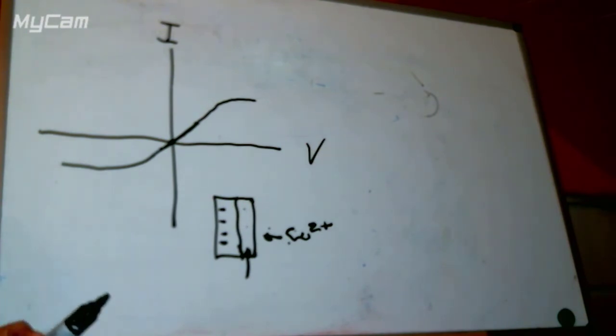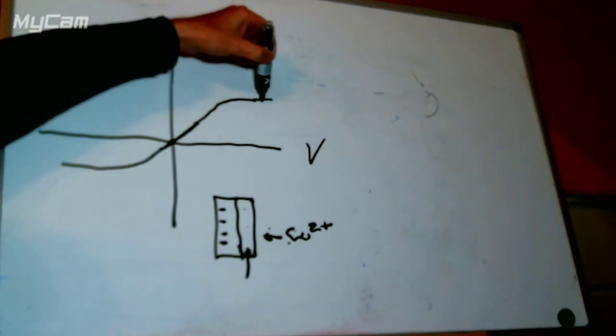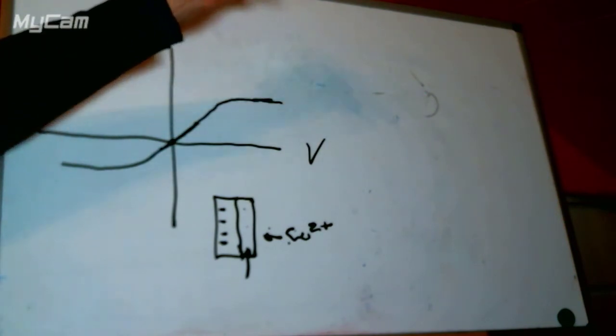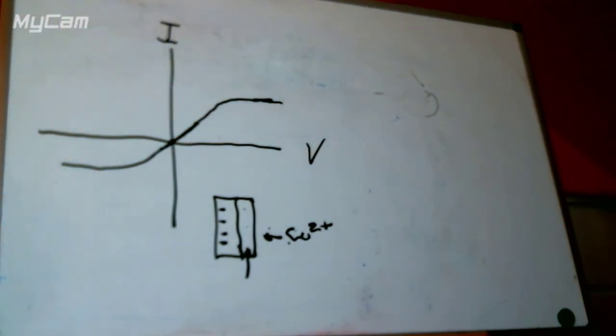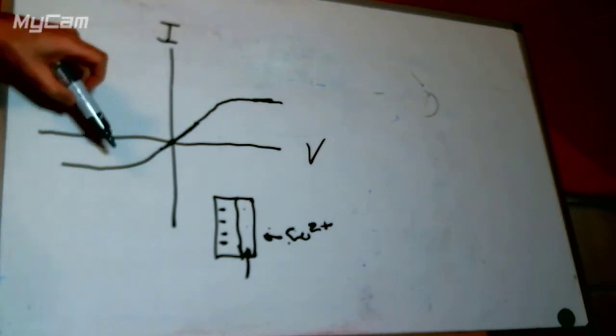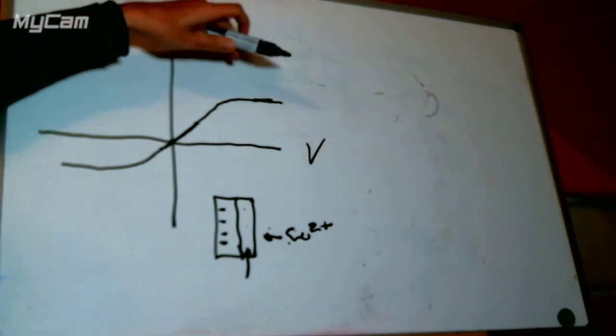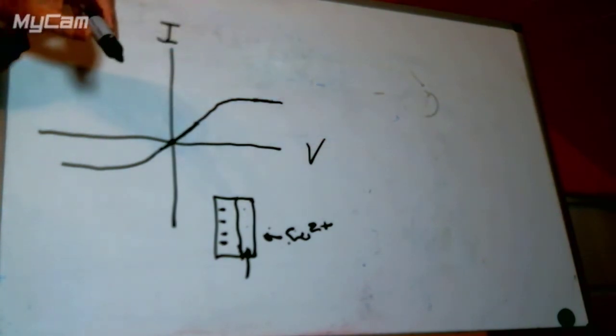And that usually means practically that our current also saturates at some value, and it's hard to get it to go up past that. So that's what our curve will look like. The shape of this is not exactly straight. It's actually curved, but that's the general form that we would expect.